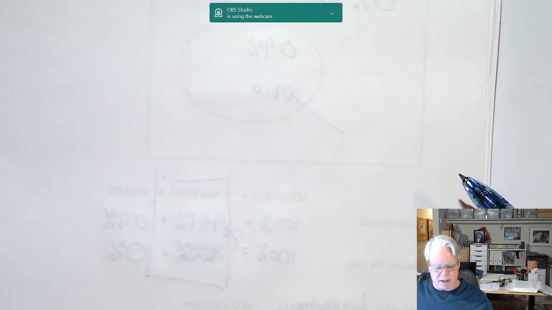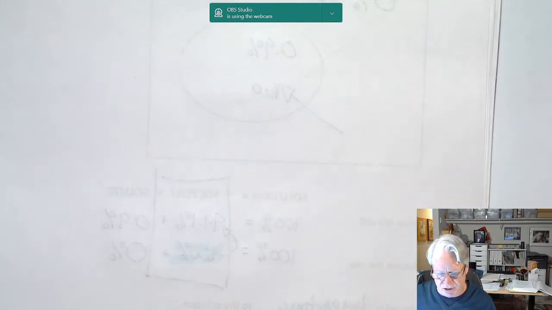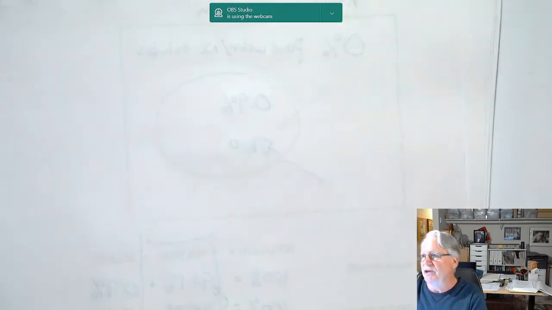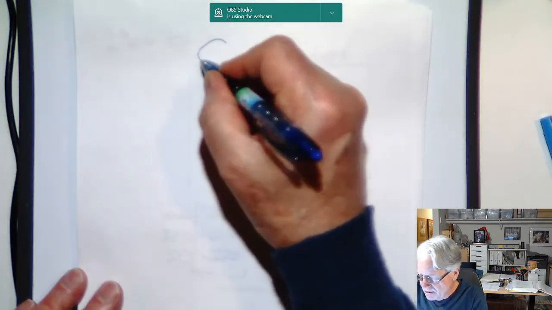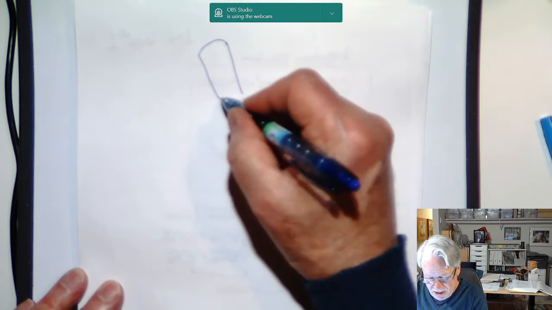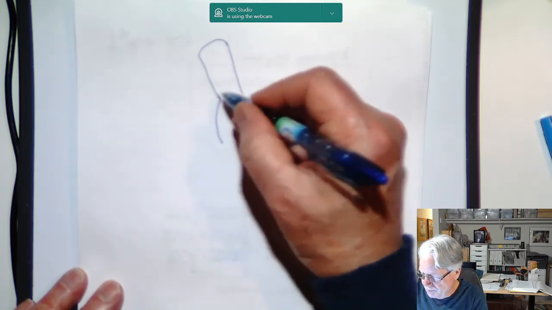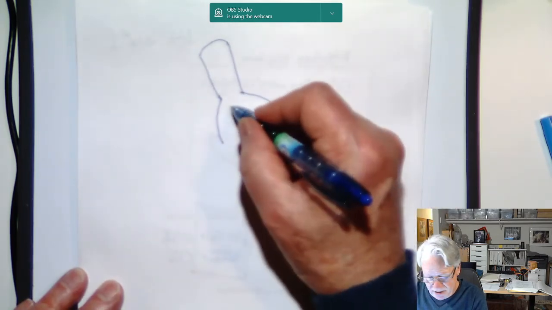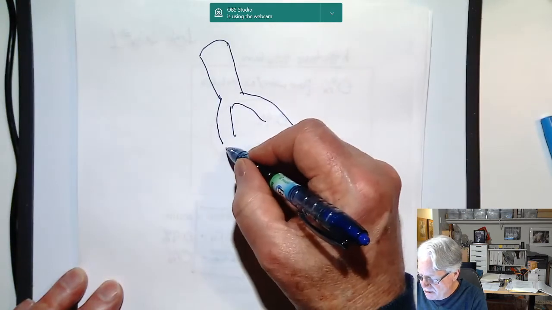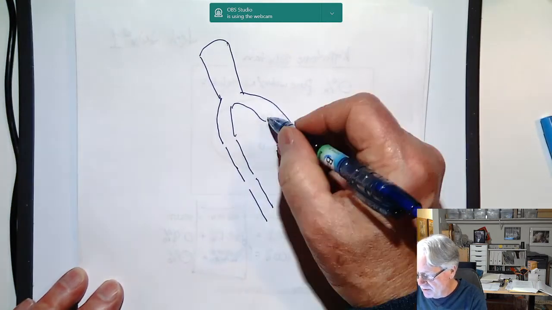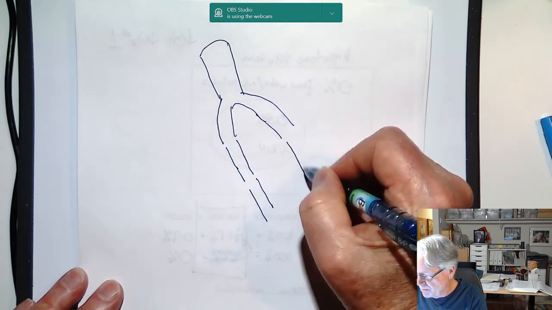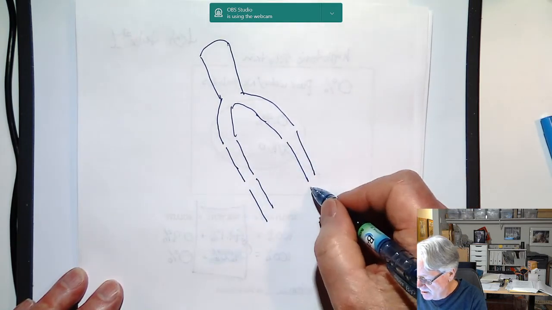So we'll do a little drawing here to show you exactly how all of this fits together. So we're going to make ourselves a capillary bed. And you'll notice that I'm leaving little spaces in the capillary bed. And this is a very simplified capillary bed.